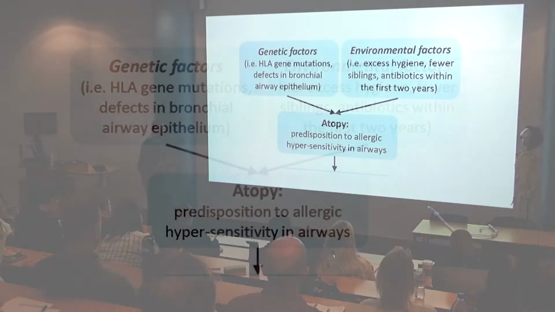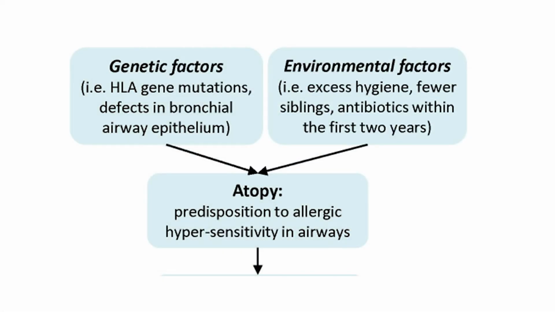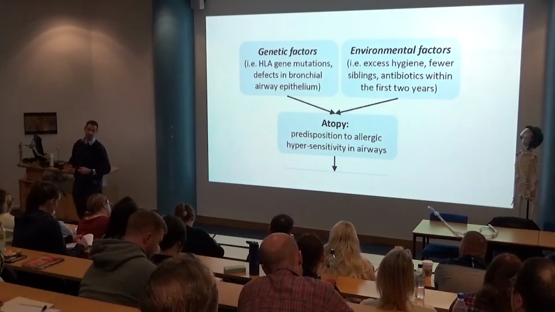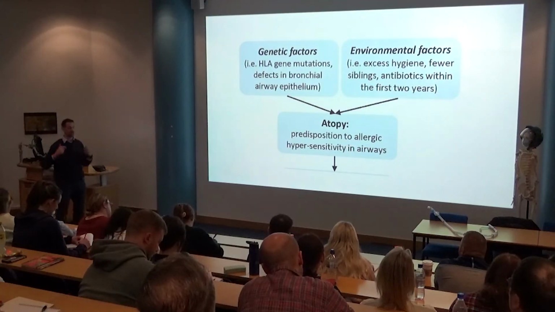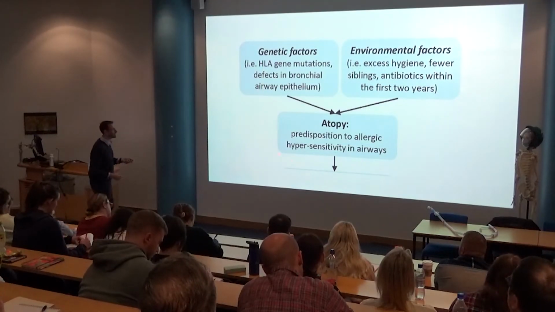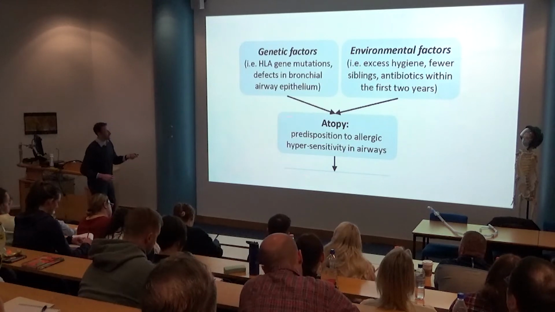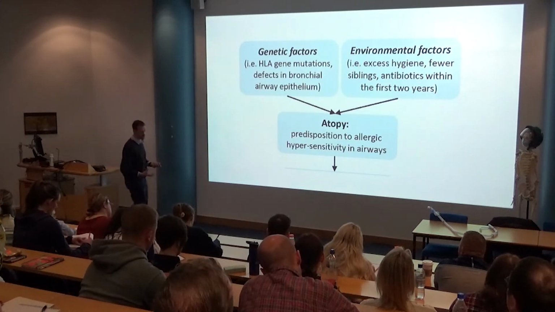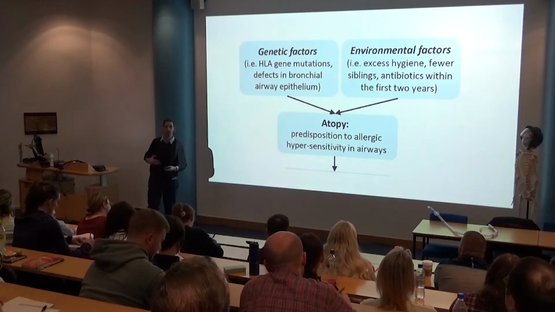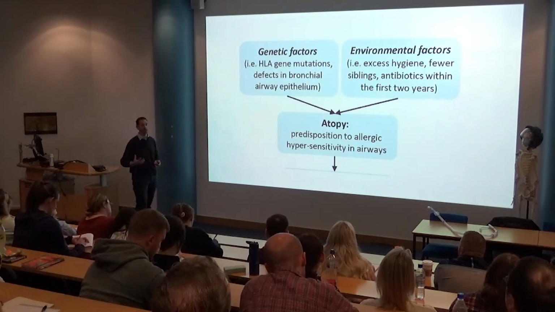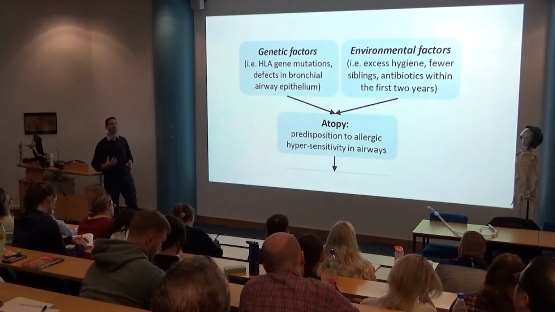Atopy is a genetic predisposition for asthma, for rhinitis, and for certain types of eczema as well. Literally, it's a genetic combination that makes you more predisposed to end up with asthma. And that's what atopy is.